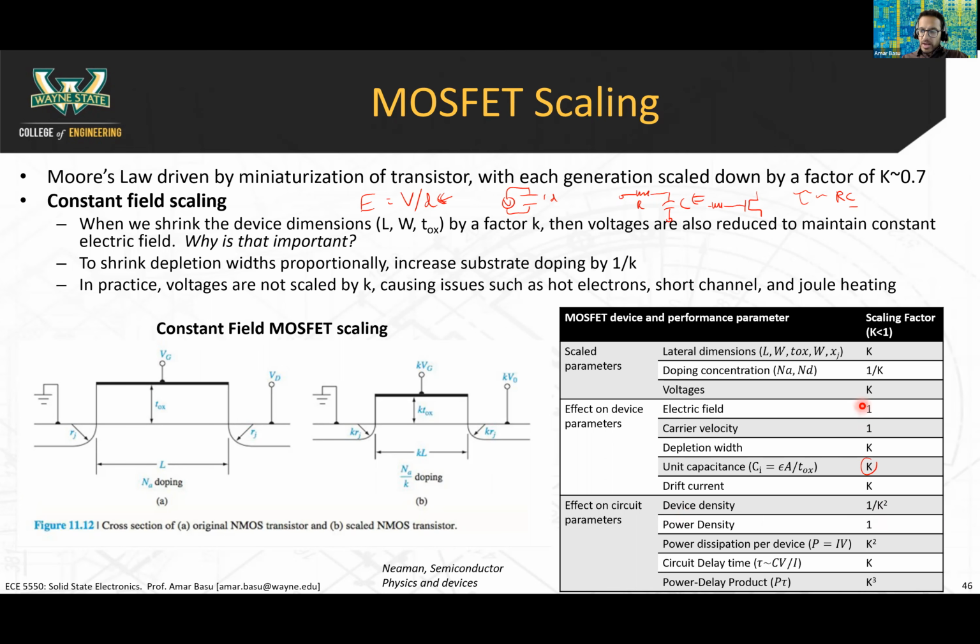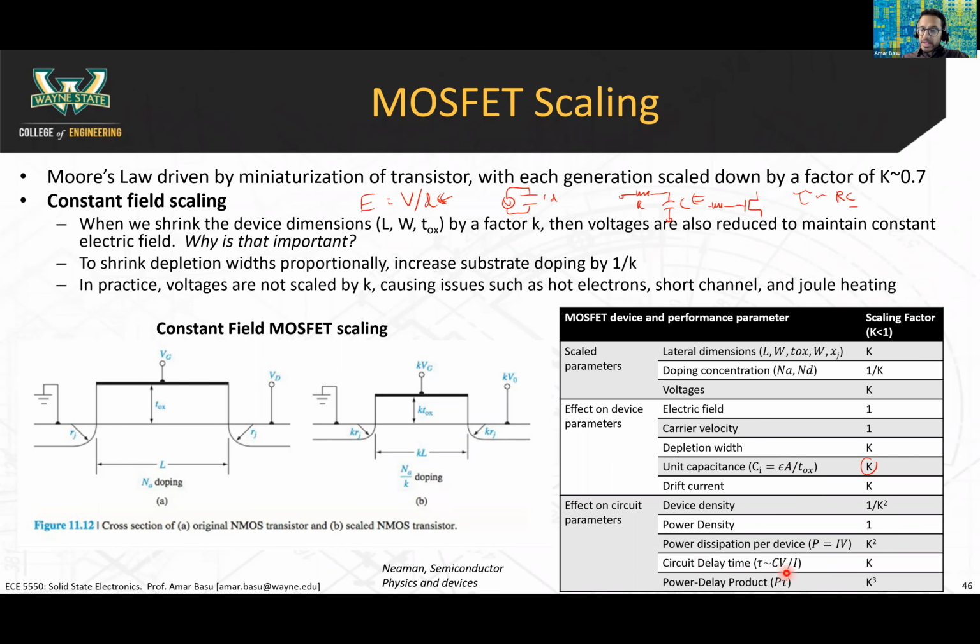Ideally, if you keep a constant electric field, then the power density should remain the same. The power dissipation per device goes down because you see this is K squared and K is less than 1. So your power dissipation per device is getting lower, primarily because your capacitance is getting smaller. It takes less energy to switch a smaller capacitor than a larger one.